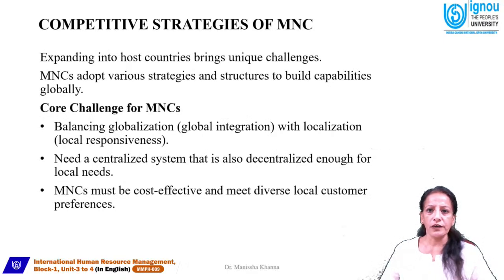So competitive strategies of multinationals have certain challenges. First is balancing globalization, which relates to global integration, with localization, about being locally responsive to the local subsidiaries. The second major challenge is the need for a centralized system that is also decentralized enough for local needs.